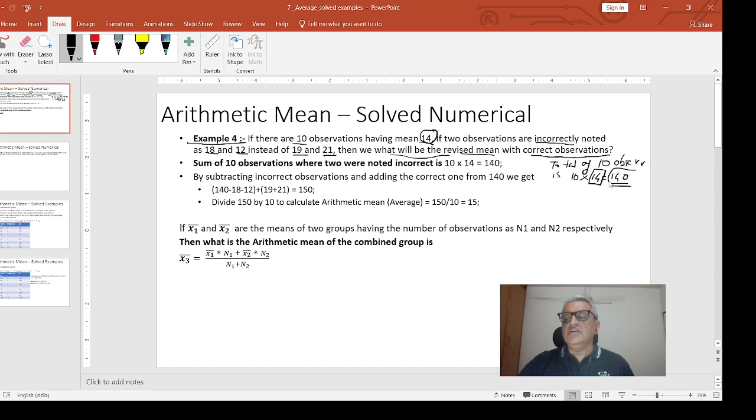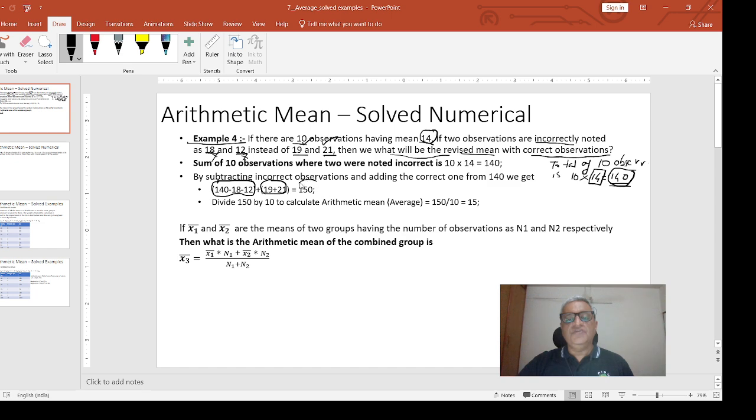Now in 140 we have two incorrect observations, which are 18 and 12. So what do we need to do? We need to subtract 18 and 12 from 140 and add 19 and 21, because 19 and 21 are correct observations, whereas these were incorrect observations.